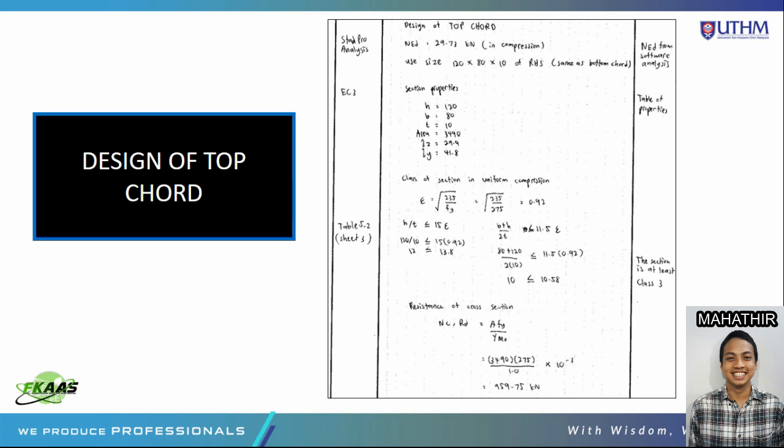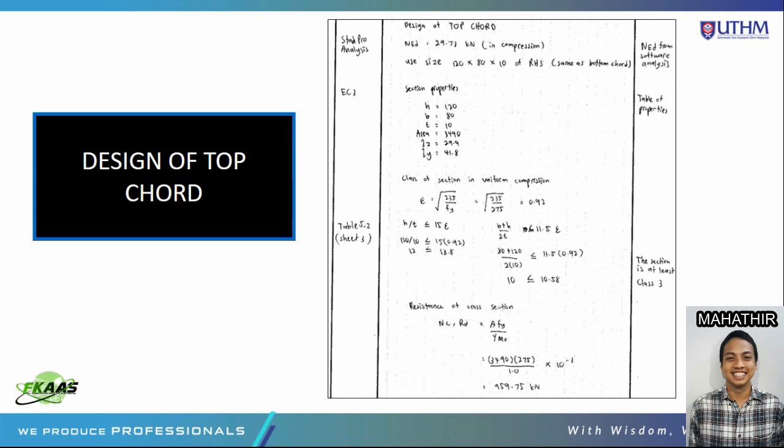For the section properties, we refer from EC3, the H, B, T, area, LZ, LY. And next, for the calculation of class of section in uniform form, we can refer from table 5.2 sheet 3, and we can conclude that the section is at least class 3.